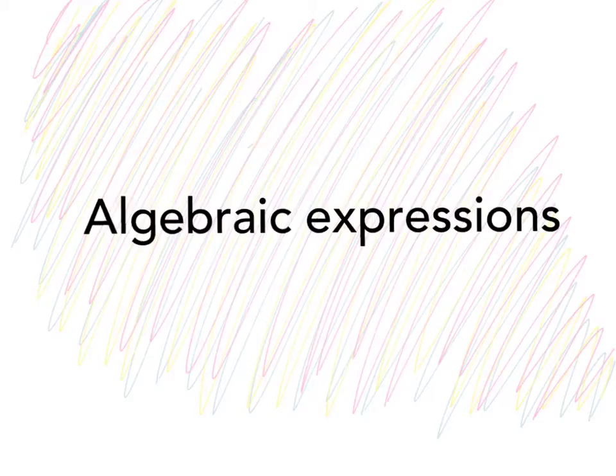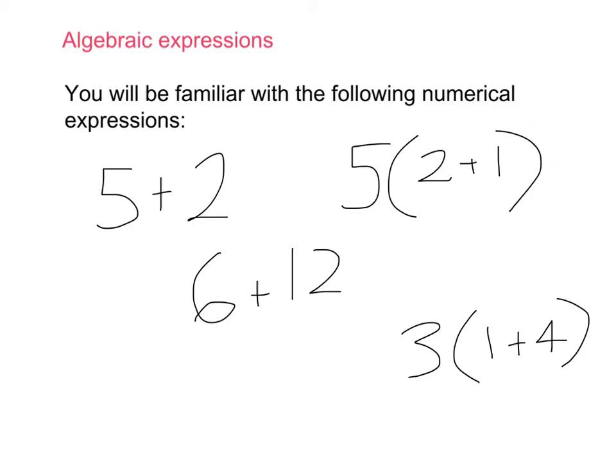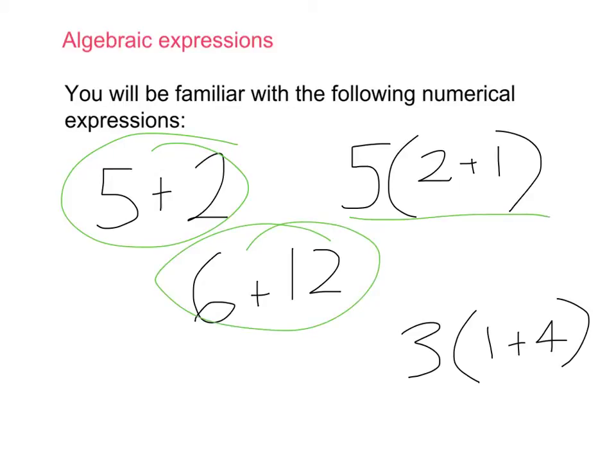So let's go. Okay, you don't have to write this. This is just giving you some context. You'd be familiar with some of the following expressions that I have listed here. So 5 plus 2, 6 plus 12, 5 bracket 2 plus 1, 3 bracket 1 plus 4. These are what we call numerical expressions.